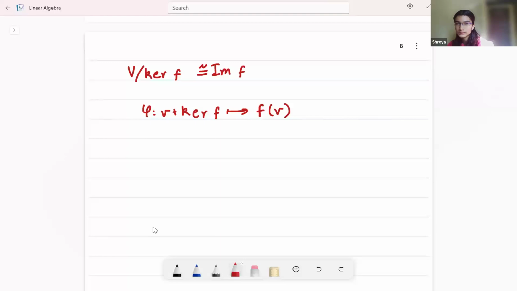So we are choosing a particular v, and this is just a representation. The same set could have been represented as some other u plus kernel of f. So what we are trying to prove is that whichever representation you choose for that set, it should map to the same f of v. Okay.